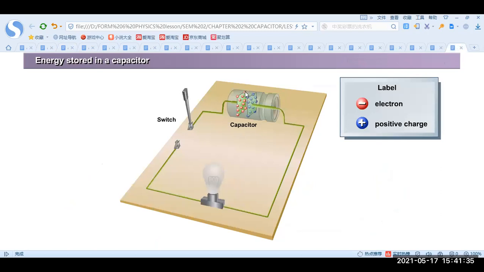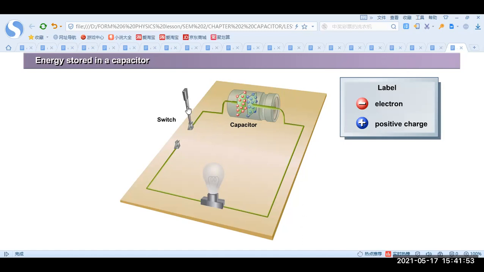Now, just now the battery charged the capacitor, right? I replace the battery with a bulb. As I told you, the charged capacitor becomes a source, a new temporary battery.